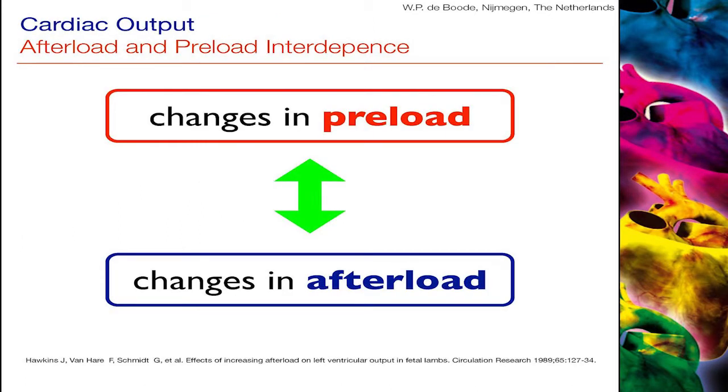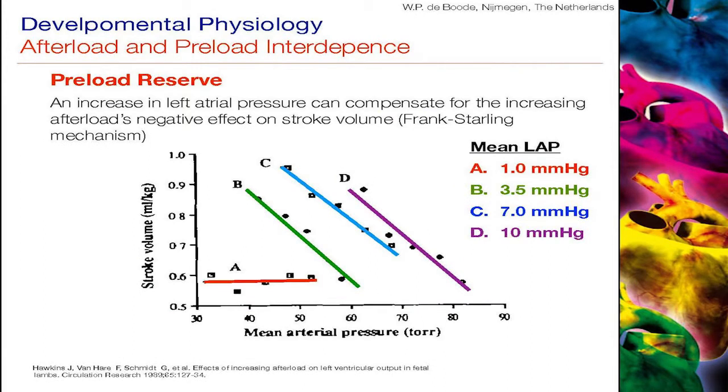But we all know that there's an interdependence between changes in preload and changes in afterload. That's been shown in a study in a fetal lamb model, where they looked at the correlation between the mean arterial pressure and stroke volume in a fetal lamb with different left atrial pressures, different preload.